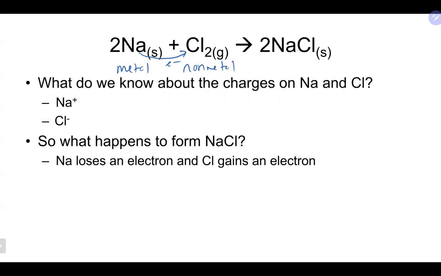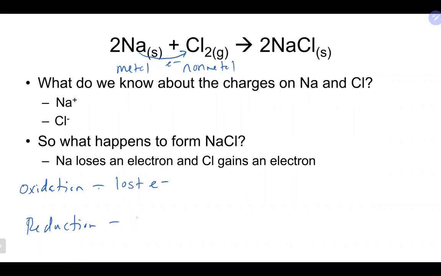Let's talk a little bit about redox reactions and the idea of oxidation and reduction, which are two types of reactions that we see a lot, and we see them also in organic chemistry when we get there. One definition of oxidation is that something has lost electrons.